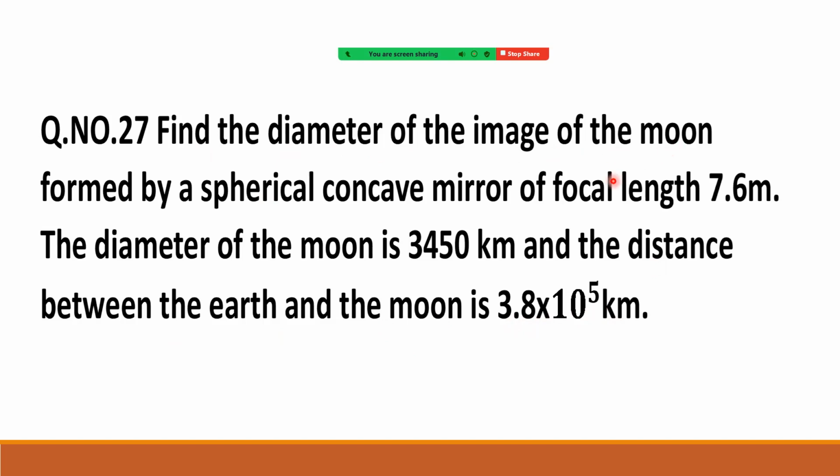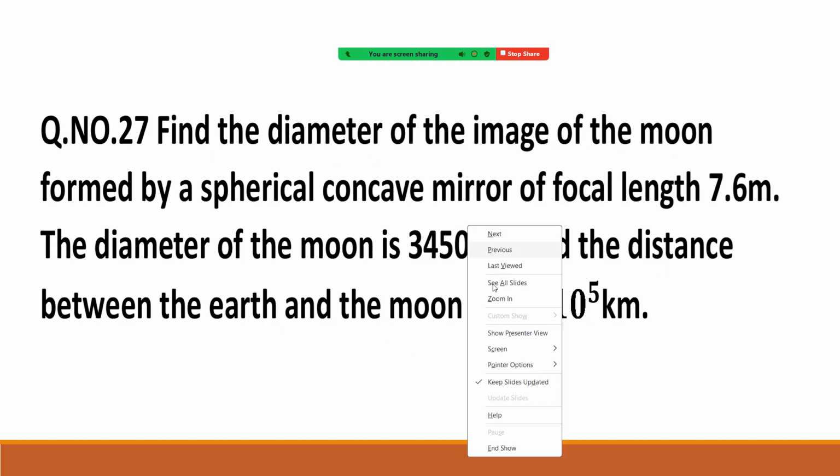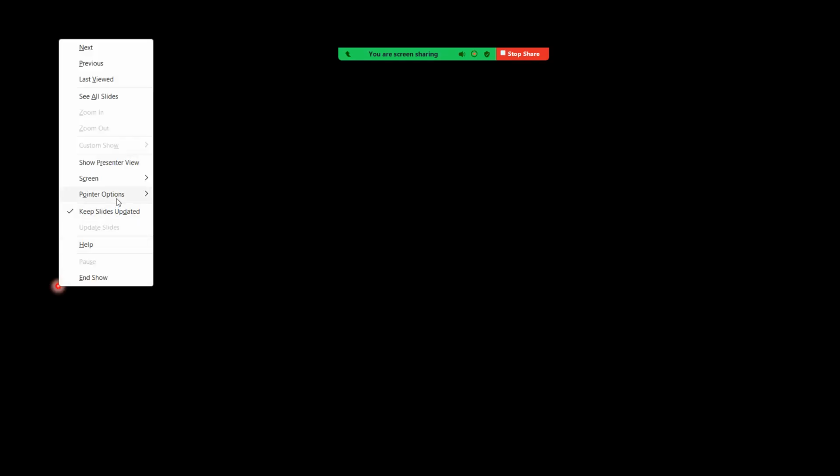Now see how to solve the problem. First note down the given data. Diameter of the moon, I can say diameter of object because the moon is now the object, is given as 3450 kilometer.